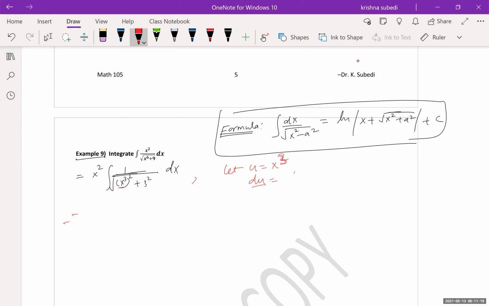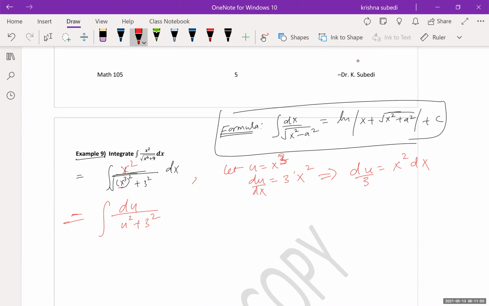So your du over dx becomes 3x squared. So it gives me du over 3 equals x squared dx. So I can write this x squared dx as du over 3. So that's going to give me du over u squared plus 3 squared.